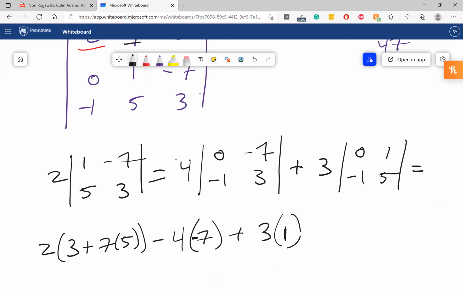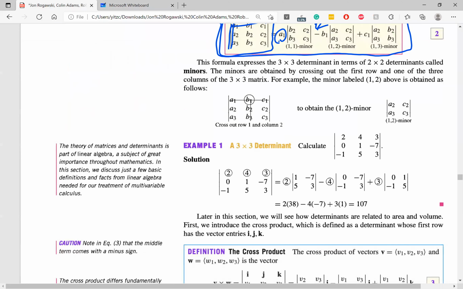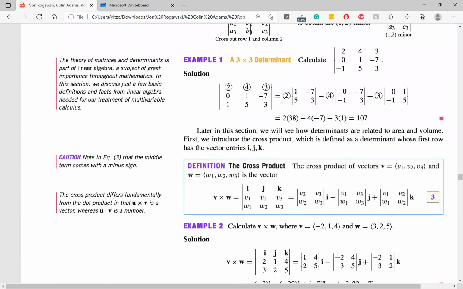Okay, so let's finish here. Actually, we have 4 more minutes. Sorry, so let's just do this with vectors, and then we're gonna finish after that. So we can find the cross product with constants, or we can find the cross product with vectors.